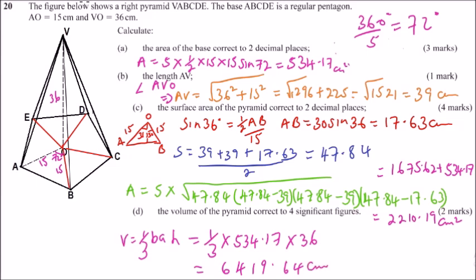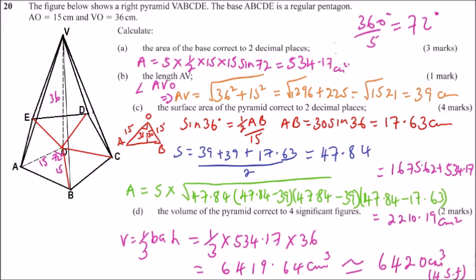This is centimeter cubed because it is volume, which is roughly 6420 centimeter cube to 4 significant figures. So that is how you work that out.